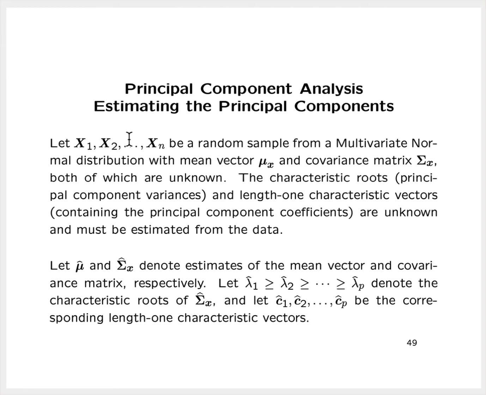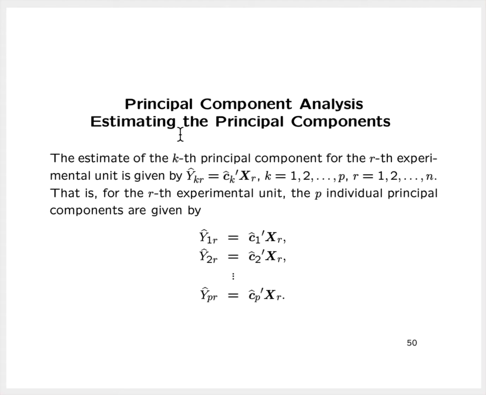So you can see here that the data consists of a sample of size n, and so we have p response variables that have been measured on n experimental units. And so for each experimental unit, we're going to calculate the estimated principal components based on their own data. And so that's what's described on the next slide.